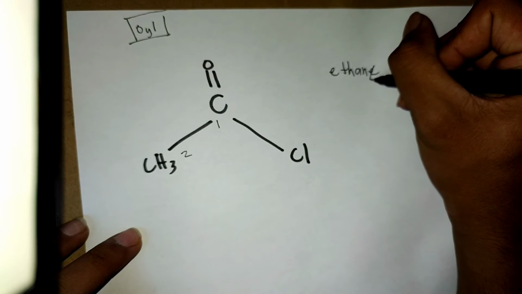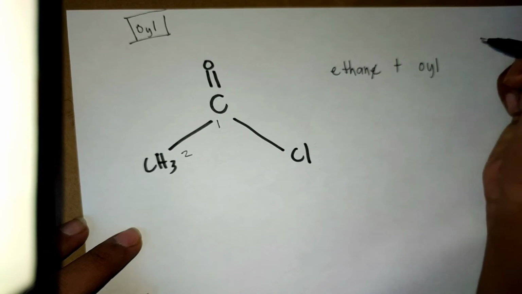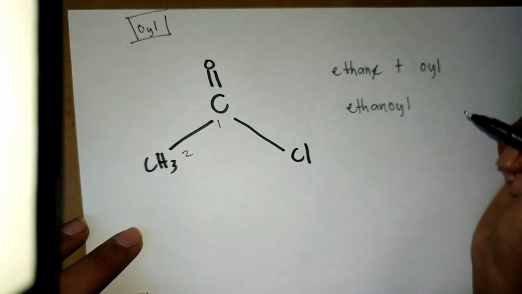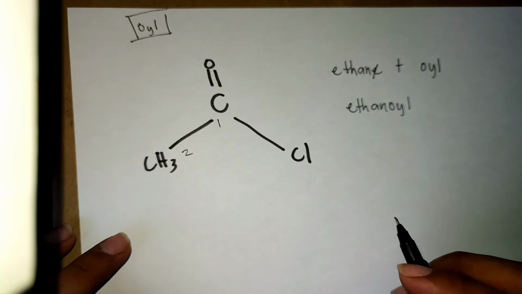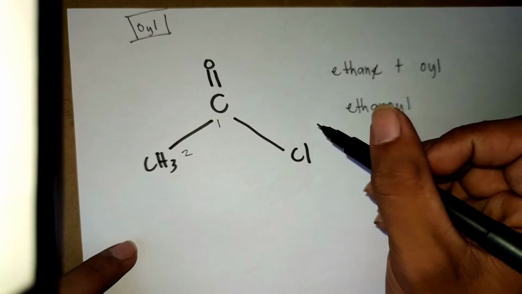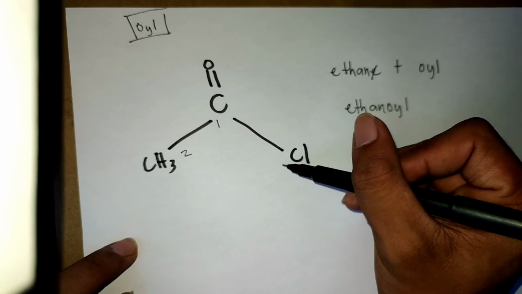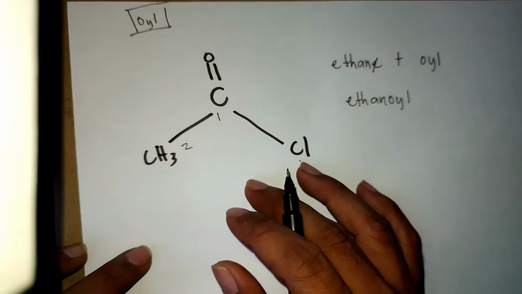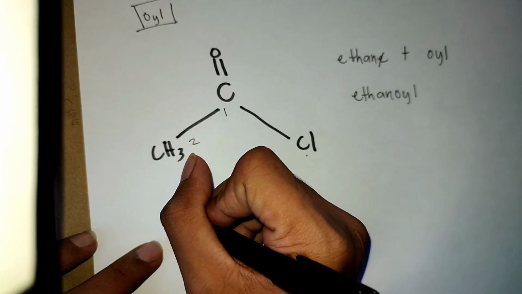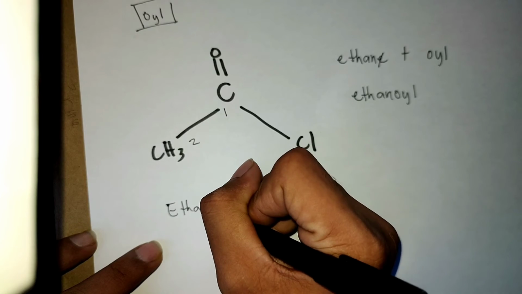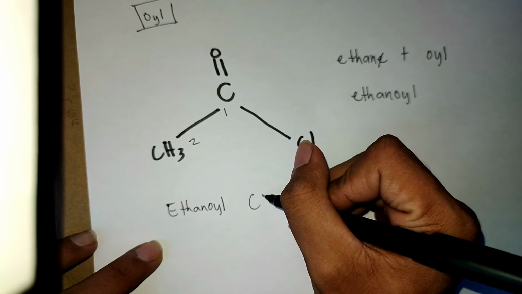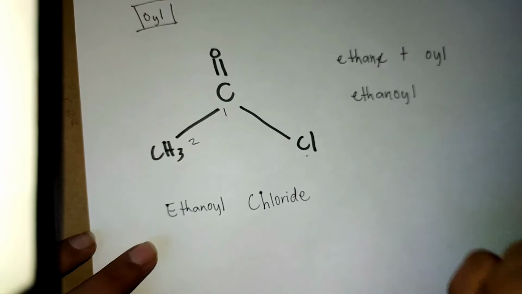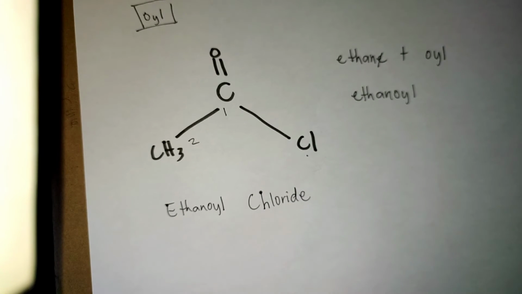So, kukunin natin itong E. Mag-add tayo ng oyl. Magiging ethanoyl. But, we have noticed that there is a bonded chlorine. So, i-add natin siya sa name. Magiging ethanoyl chloride. Yun lang. Ganun lang kadali.